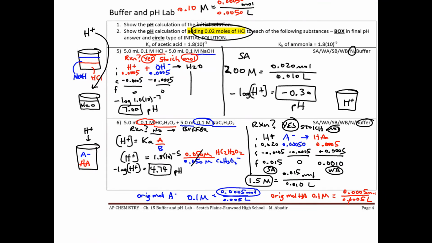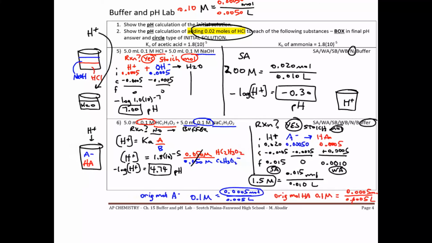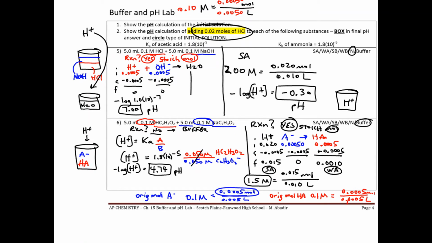And what we're going to do is take the negative log of that, and we're going to find out that that's negative 0.18. So I'm going to move this over a little bit. Oh, man. All right, I'll do it down here. That's going to be negative log of 1.5 equals negative 0.18. And that's going to be the pH.